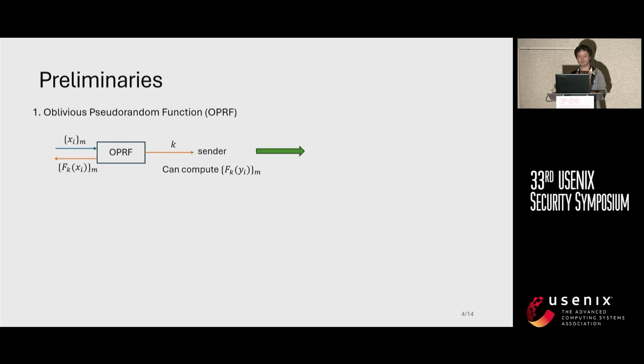After the OPRF interaction, the sender who gets the OPRF key can compute any OPRF value related to the key. So it's very easy to use the OPRF to build two-party PSI protocols. The sender who gets the key can compute the OPRF value set and directly send it to the receiver. Then the receiver can compute the intersection based on the OPRF values.